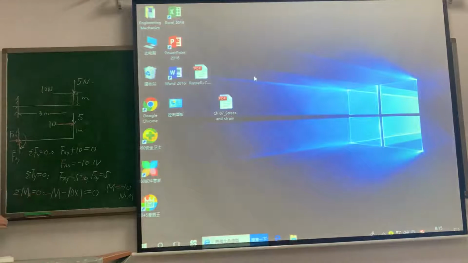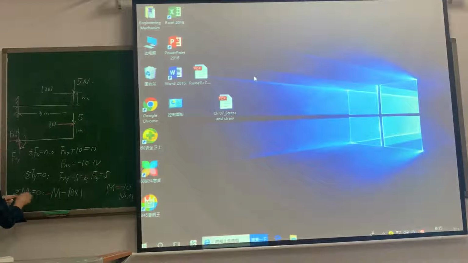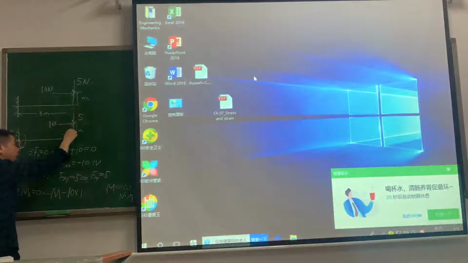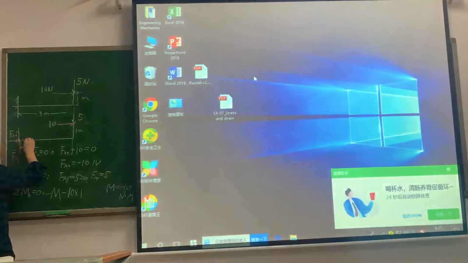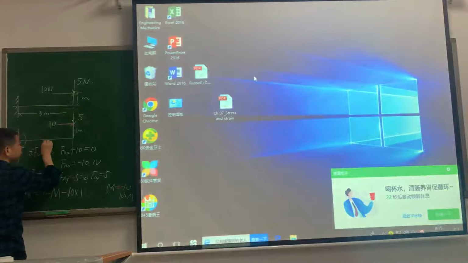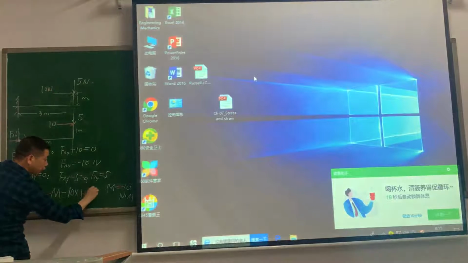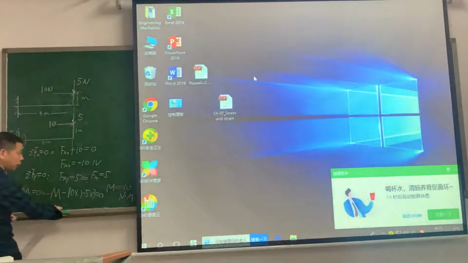For this equation, we find there is another force. Yes or no? The distance from the point to the line of action of the force, the perpendicular distance, is 3 meters. So minus 5 times 3 is 0. Understand?